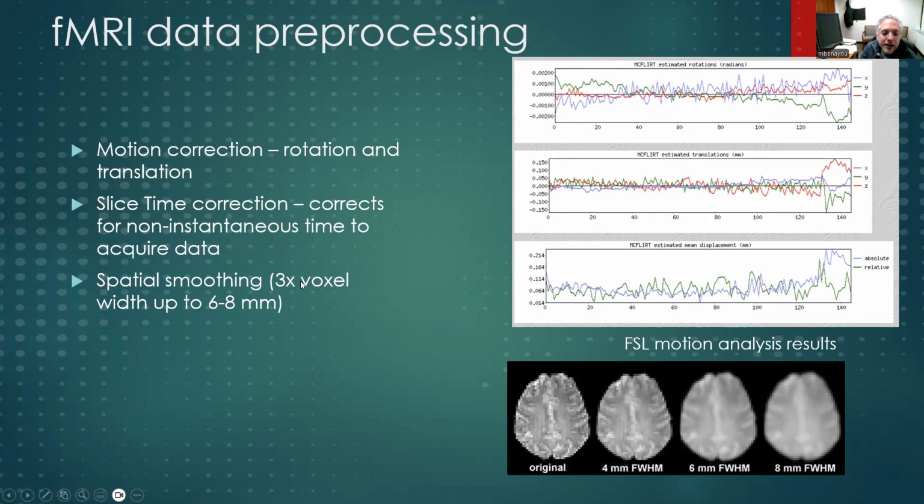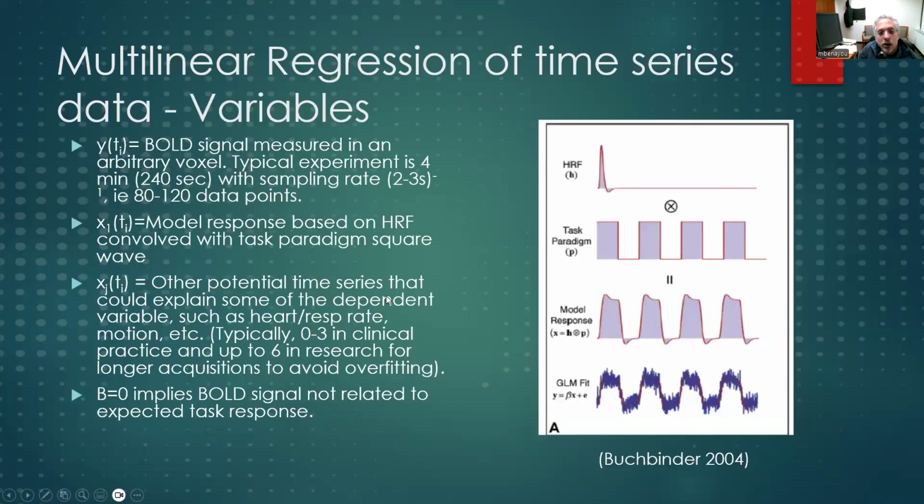A good rule of thumb is to go anywhere from 6 to 8 millimeters or up to 3 times your voxel width. So for a 4 millimeter voxel, you could go up to 12, but tend to do better at about 8 to 10. And you can see what spatial smoothing does to the image, for example, in a representative axial slice here. So that's the pre-processing pipeline before we really try to understand where these voxels are.